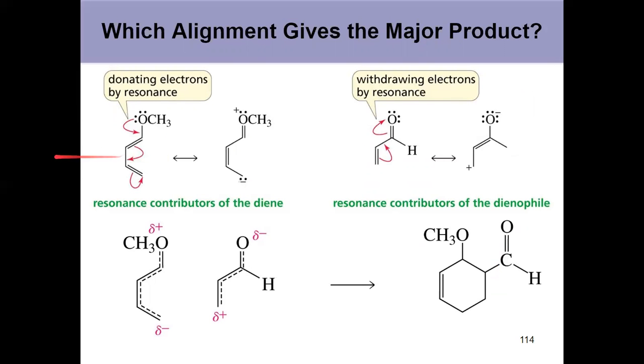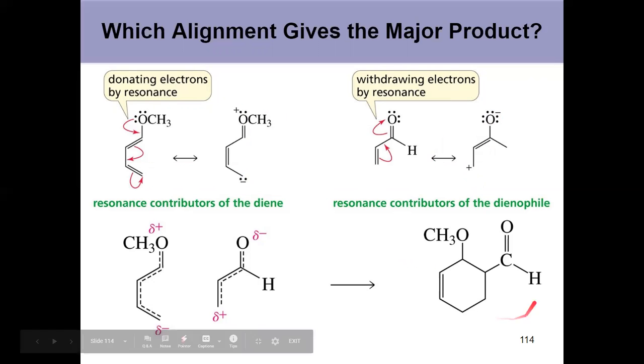Okay, let's see what that looks like. With the methoxy group, if I draw the resonance contributors, and now you see the significance of why we did this earlier in chapter 8, I've got a resonance contributor with a negative charge on the bottom, positive charge on the top. Same thing for my dienophile. I can draw a resonance contributor with a positive charge on the bottom, negative charge on oxygen. So in that case, I want my partial positives to align with my partial negatives in order to form the major product.